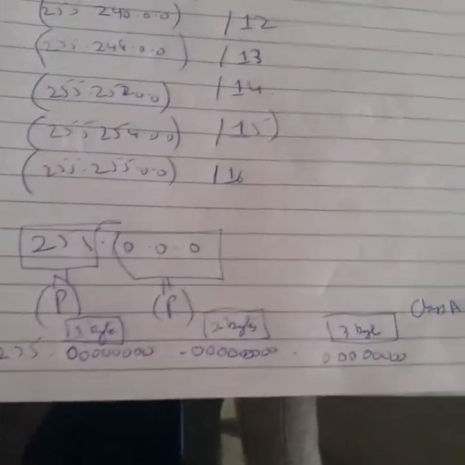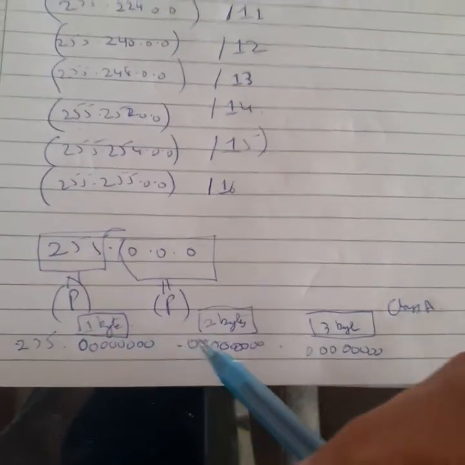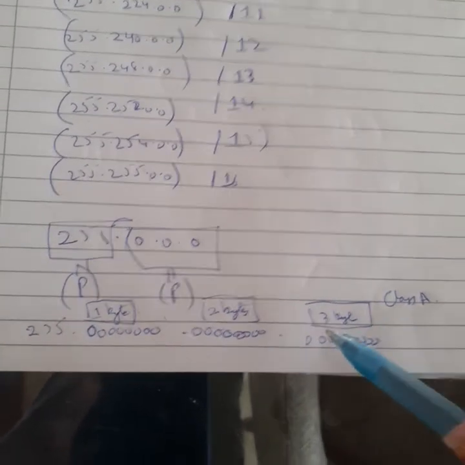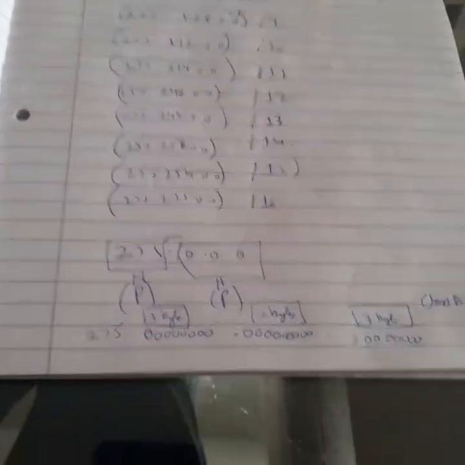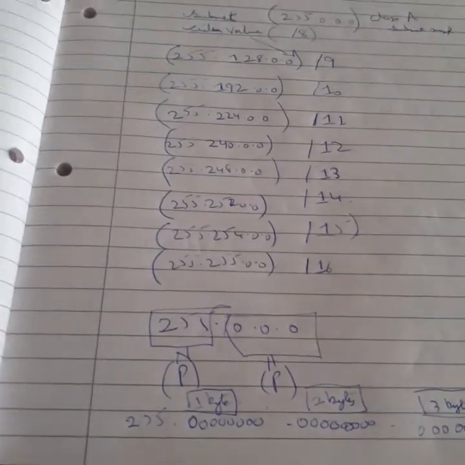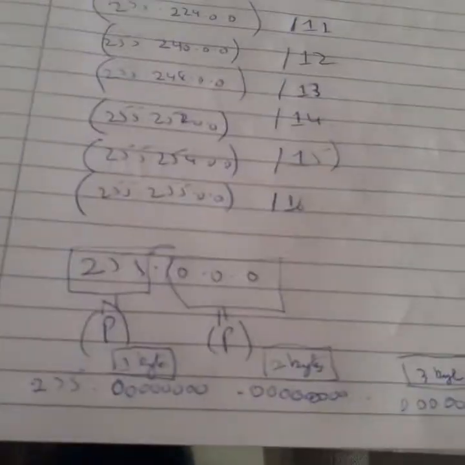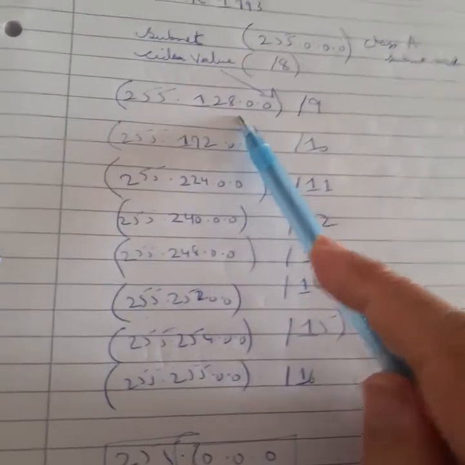Remember this. Very important. So here, 1 byte, 2 bytes, 3 bytes. That's all for allocation that is happening. We want to allocate as many ranges and IP addresses as we can. So 128, that came in from here.